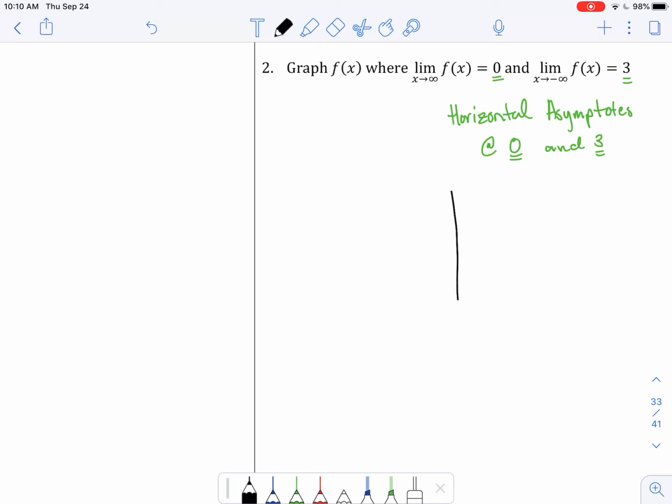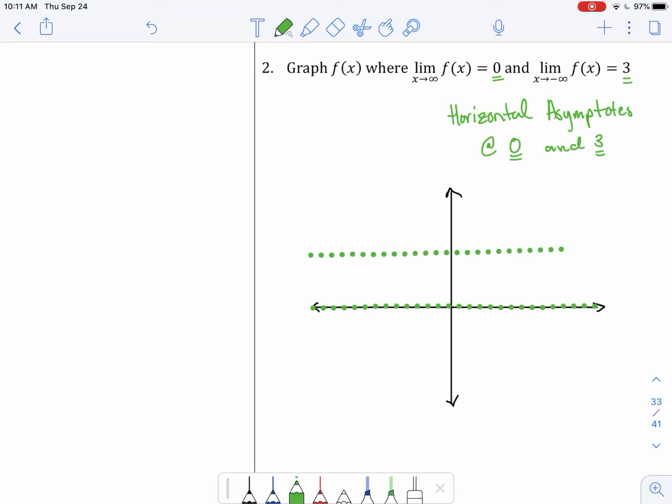So if I start looking at my graph, the first thing I'm going to do is draw in my asymptotes. I'm going to draw one in, a nice little dotted line at 0, and another one at 3. This is just going to help me keep organized. If I want to label things, 1, 2, 3 right there, and we have our asymptotes.